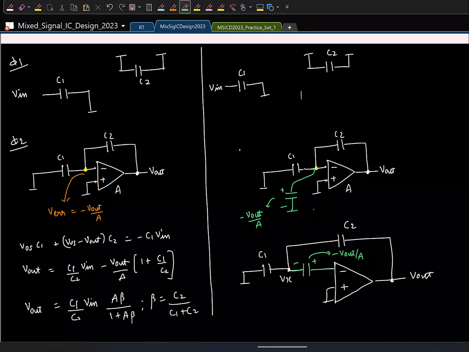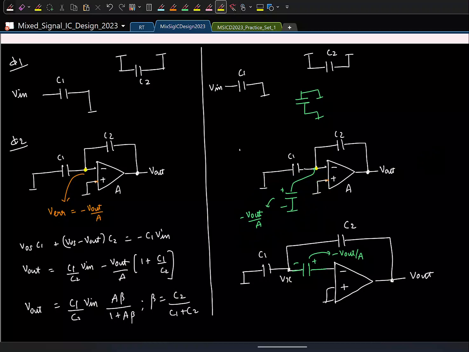We don't need to. So basically, how many clock phases do I need? 3. I need 3. Basically, I have 3 modes of operation. One, in which I just initialize all the capacitor voltages. Second is when I try to get an estimate of the error voltage. In the third phase, I go and correct it.